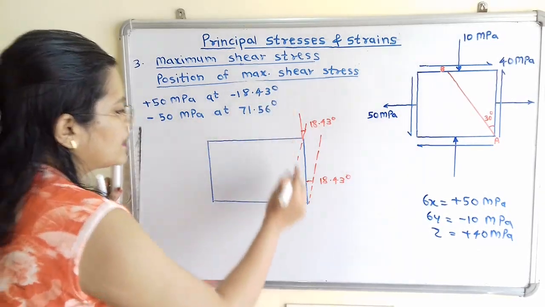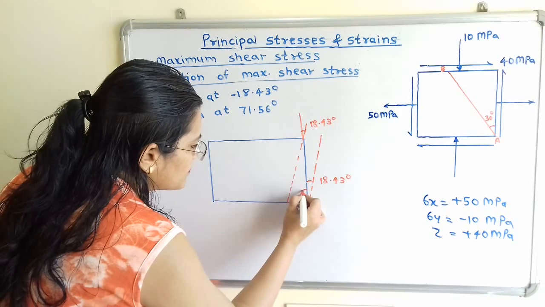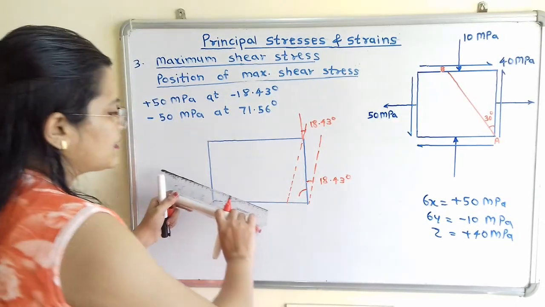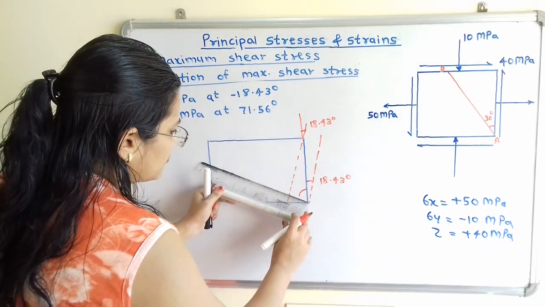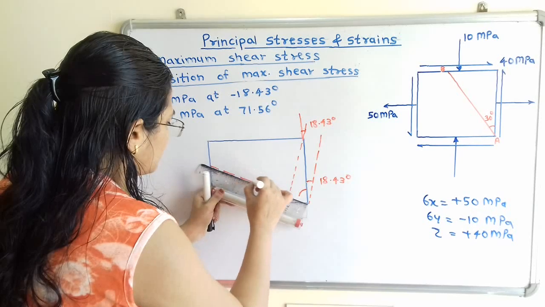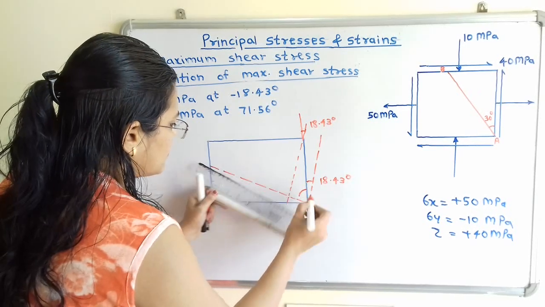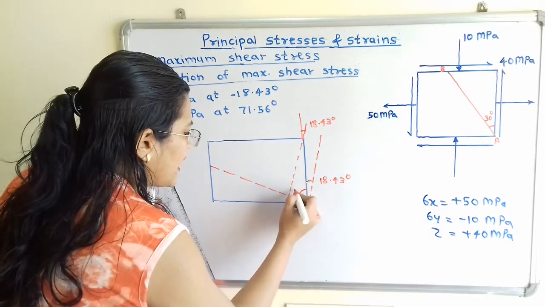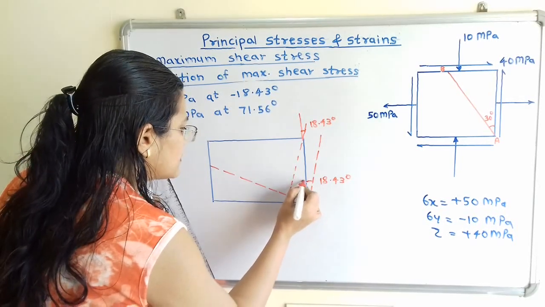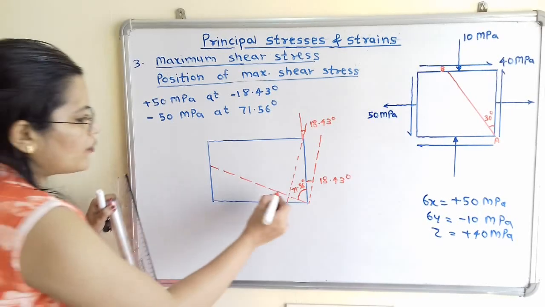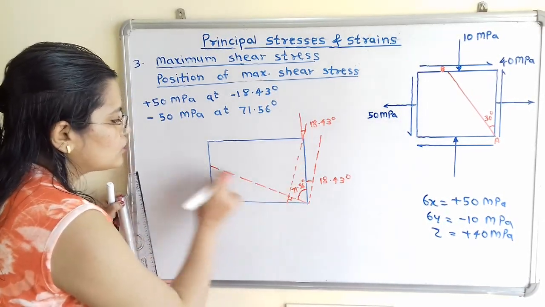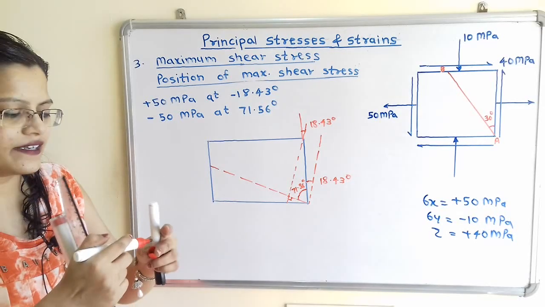From this vertical line, we will mark the line at an angle 71.56 degree. I will show here, so this angle is 71.56 degree. Now if we observe this point of intersection, at this point these two lines are making an angle 90 degree.